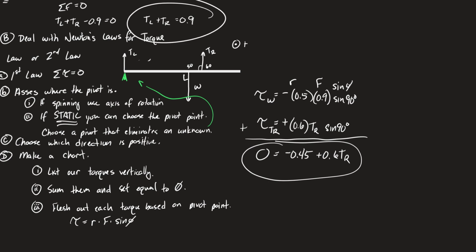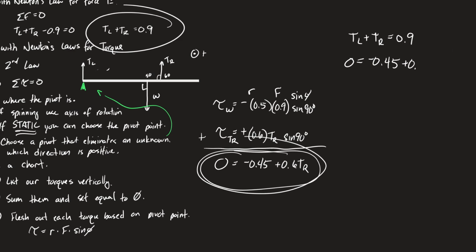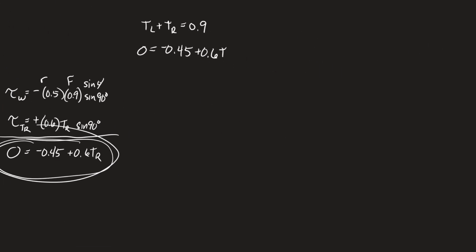So now we have two relationships. We have this one from Newton's laws, and we have this one from using torque. So TL plus TR equals 0.9, and 0 equals negative 0.45 plus 0.6 TR.